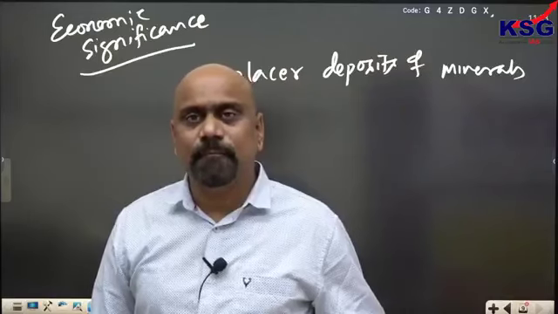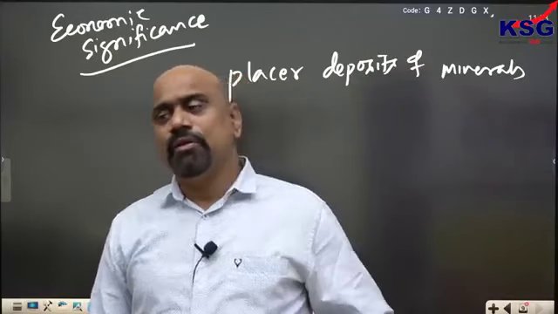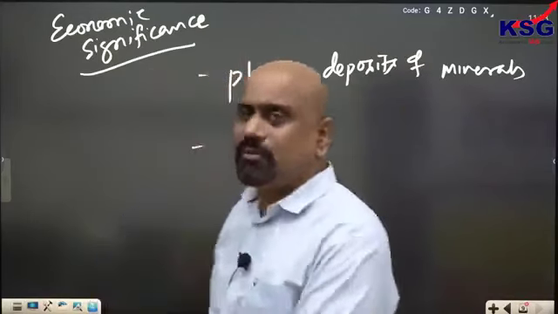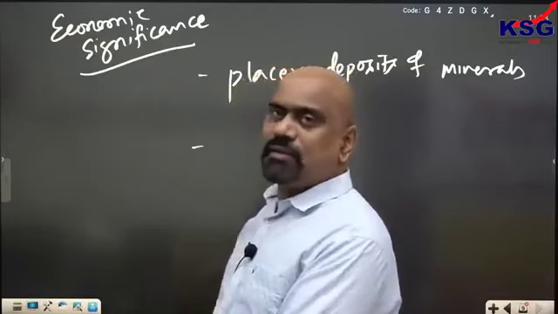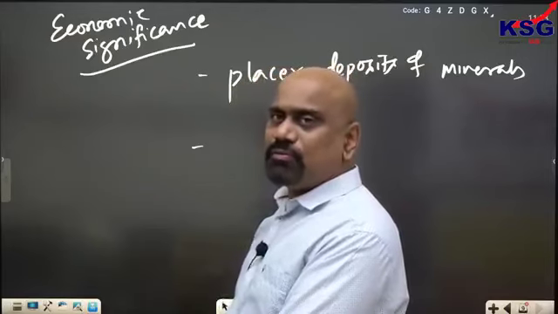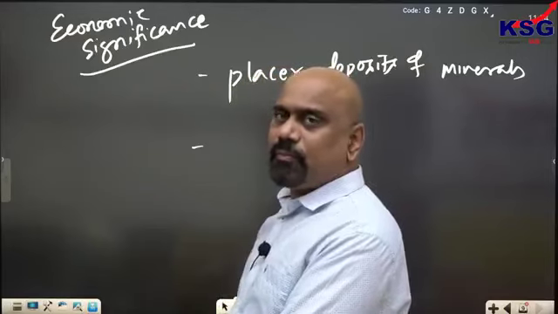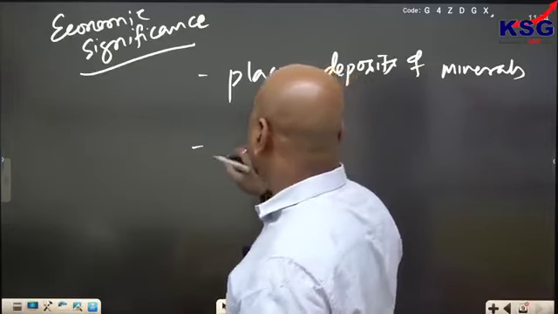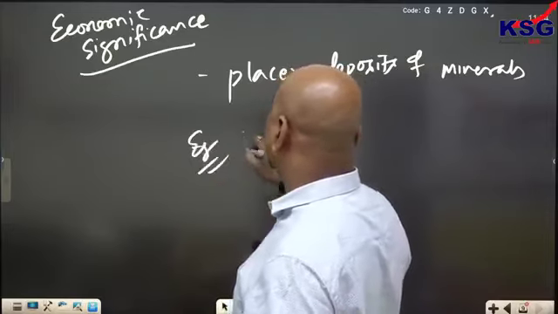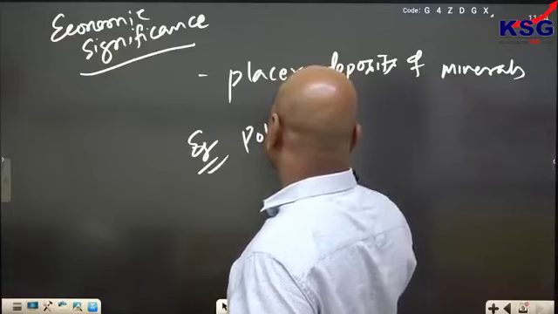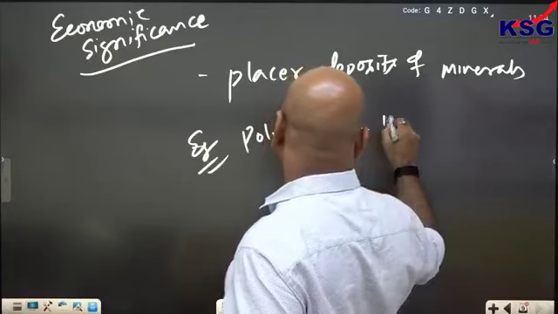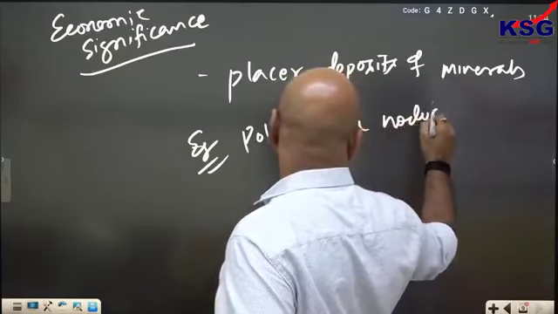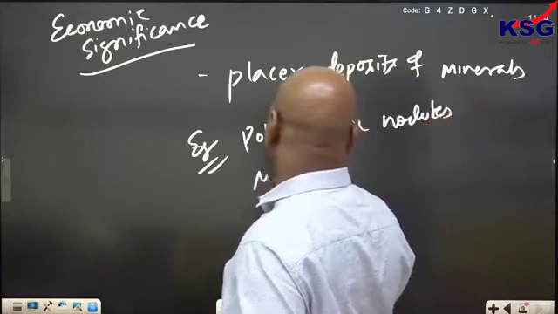Even on the coast we also have polymetallic nodules. In the deep sea plain also you have them. For example, you can give polymetallic nodules, manganese nodules.